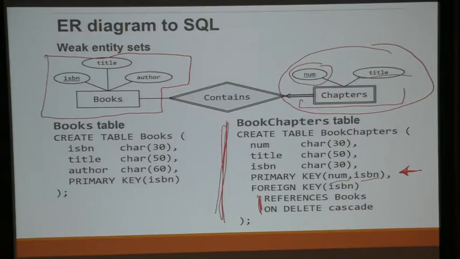All right? So that is something that is very, very critical. That chapter cannot exist without a book. So that's why if you delete the book, if you delete the ISBN, you have to delete all the entries that refer to that ISBN.